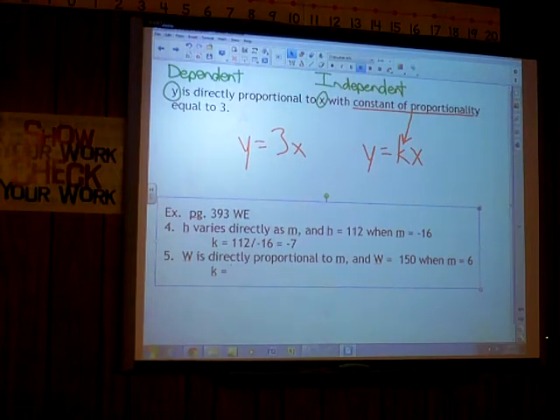So what is k? 25. 24? No, 25. Okay. 150 divided by 6 equals 25. Good. Are there any questions on 5? Yes, Eric? Wait, you had the hiccups? Yeah, go ahead.